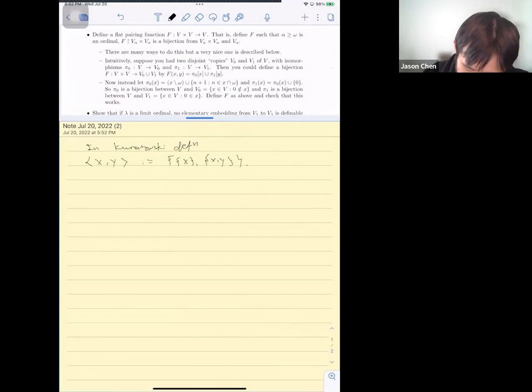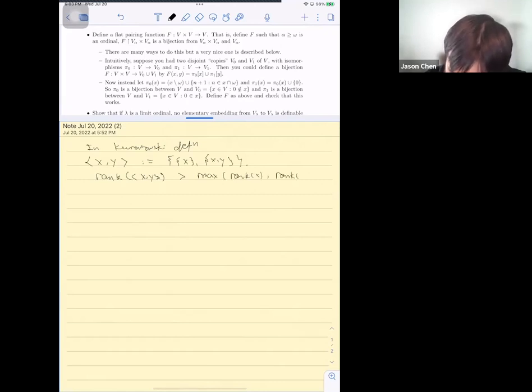And the problem is the rank of this pair is greater than the max of rank of X and rank of Y. So this object is going to show up later than X and Y. So you want something that shows up at the same time.